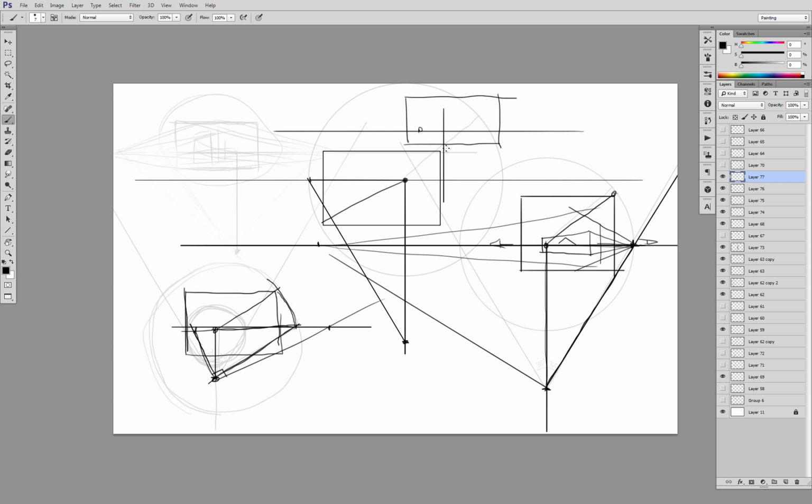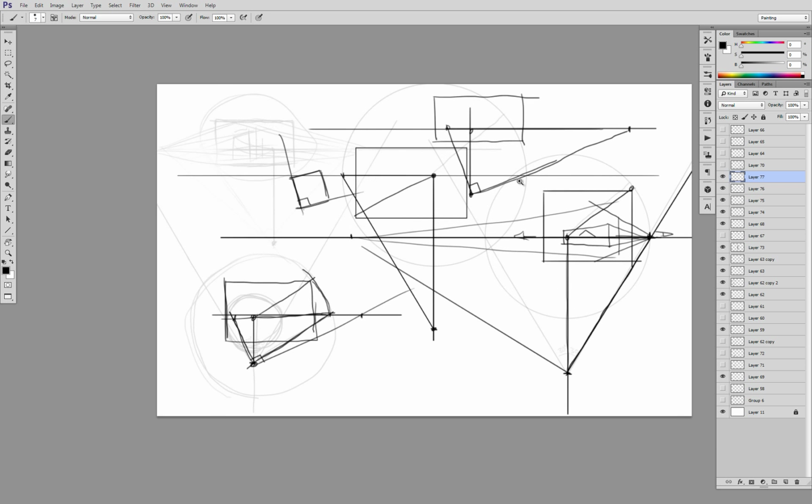Because if we have a center line here, and then I draw this vanishing point down to our stationary point, and I want these things to relate, and these two vanishing points to be describing, if this was flat on the ground, a square, so that both of these are going at 90 degrees to each other, then you can see that this one is going to be way off over here.